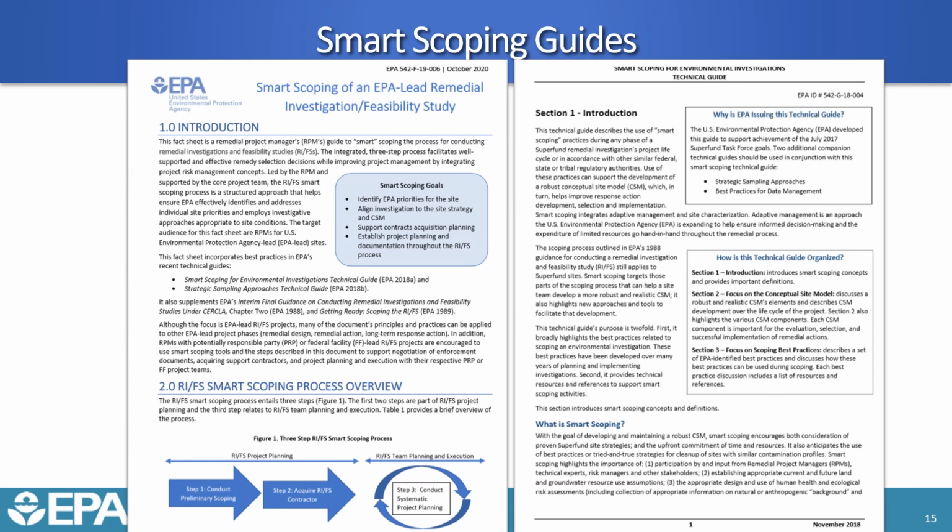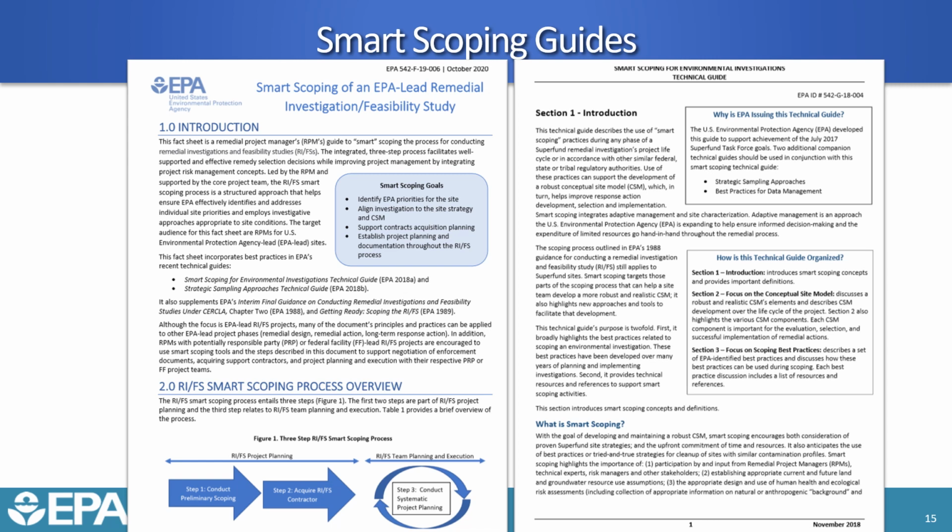If you'd like to learn a little bit more about smart scoping, we've got two guides. The one on the left-hand side is one that we published back in October 2020. It's the smart scoping of an EPA remedial investigation and feasibility study, where we walk through the process described here in more detail and talk about more of those tools for preliminary scoping and systematic planning.